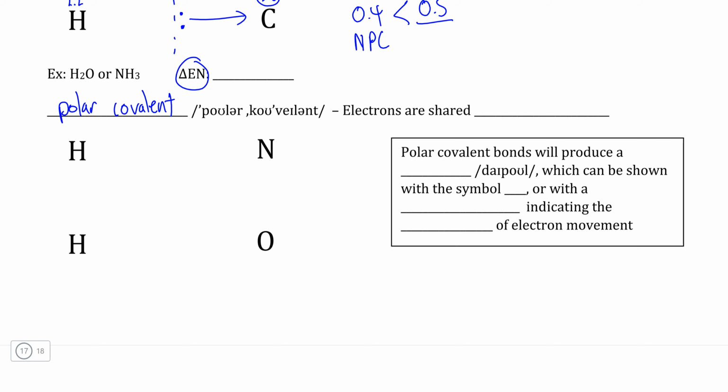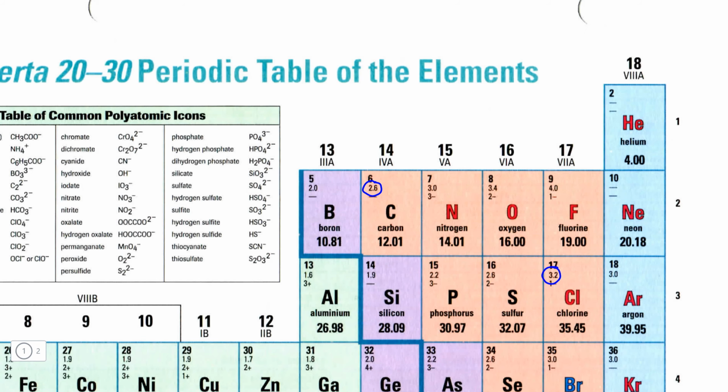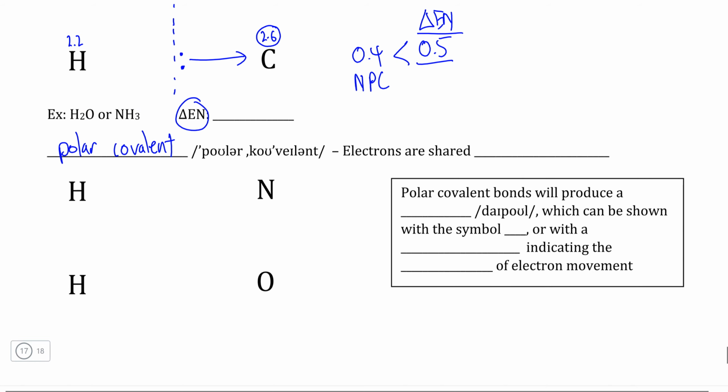electronegativity difference. So let's go ahead and find the electronegativities of nitrogen, 3.0, and oxygen, 3.4. What we're going to do is a delta EN calculation between nitrogen and hydrogen. 3.0 minus 2.2 comes out to 0.8.